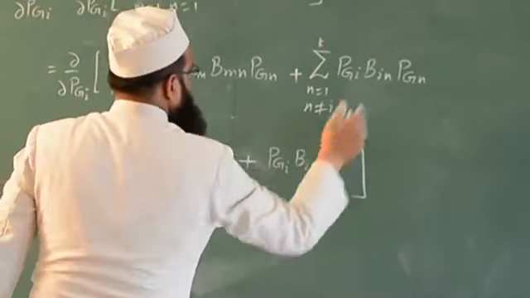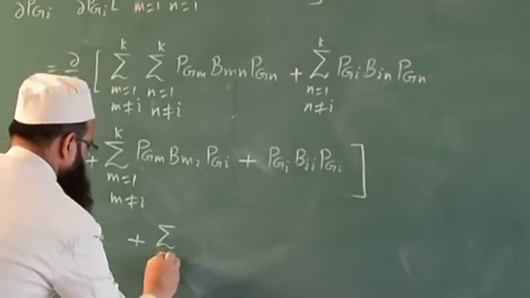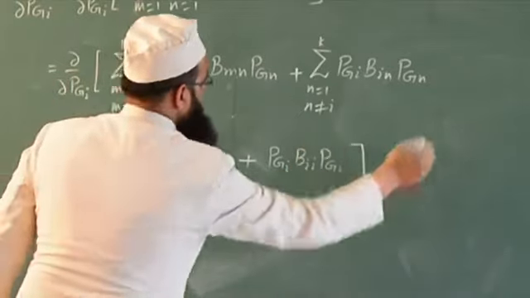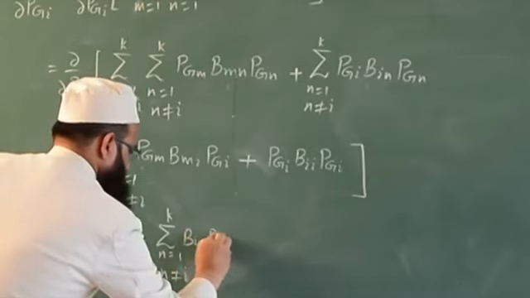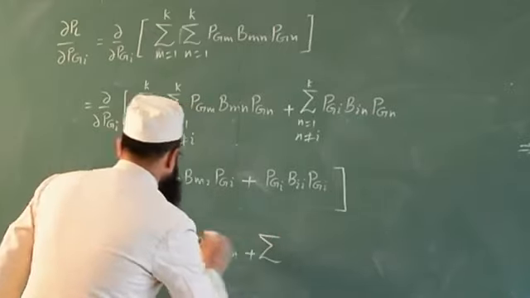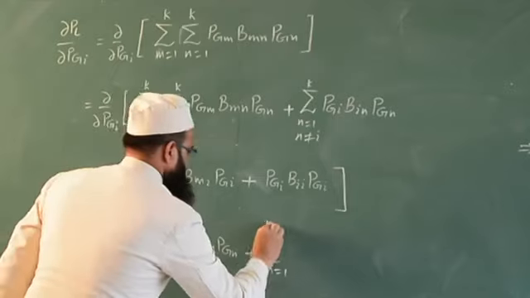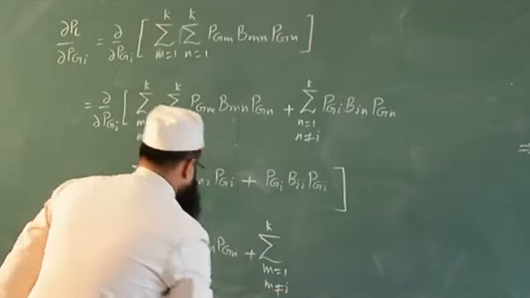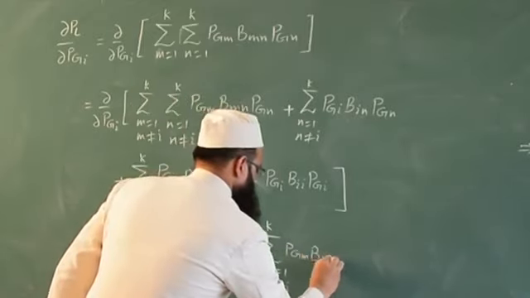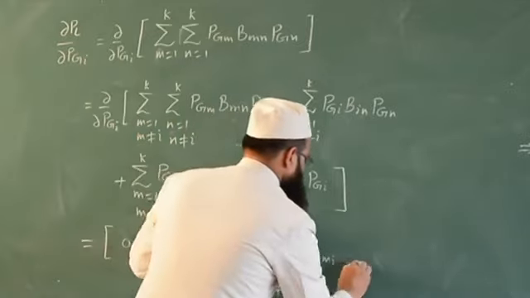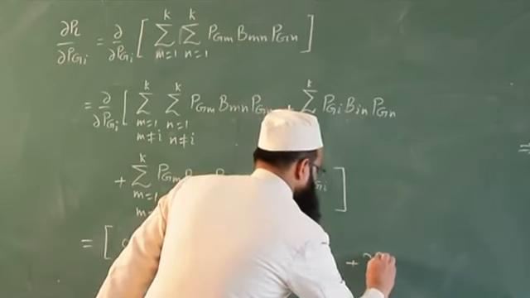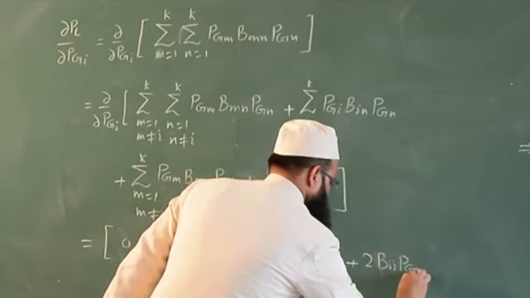So this will be summation n is equal to 1 to k, n is not equal to I, BIN PGN, plus summation m is equal to 1 to k, m is not equal to I, PGM BMI, plus PGI into PGI, PGI square, so twice BII PGI.